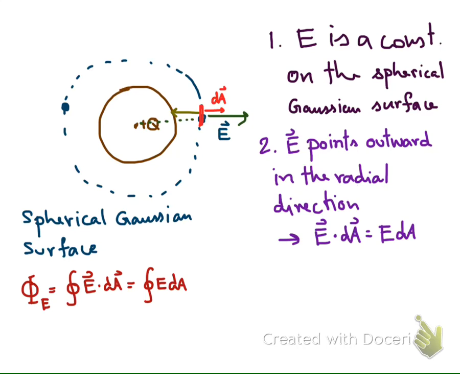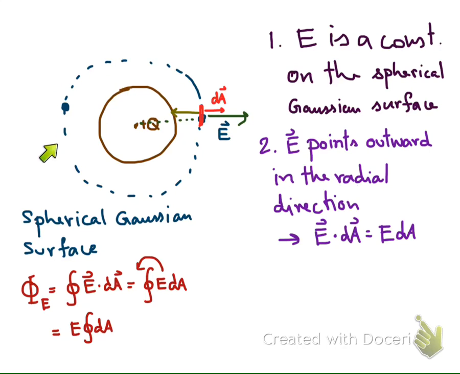But from the first expectation, we can take E out of the integral because E is a constant. So we have that this is equal to E integral dA. But what is the integral dA?